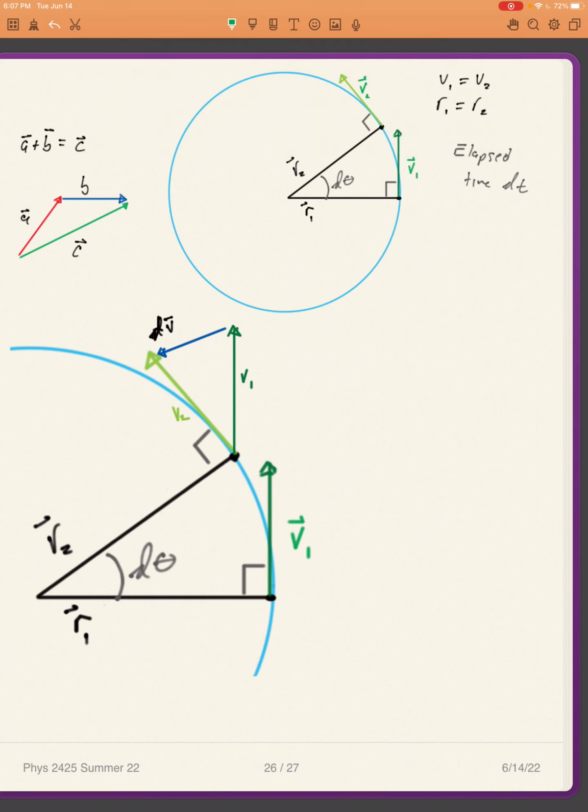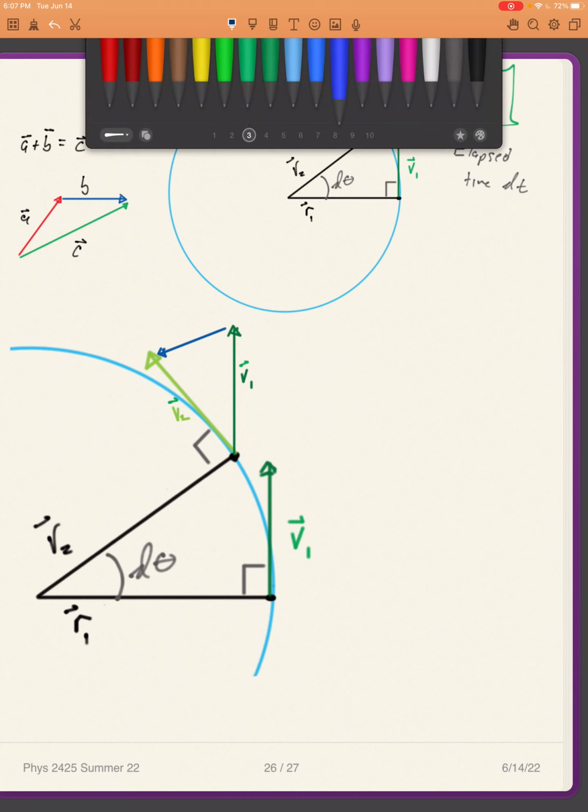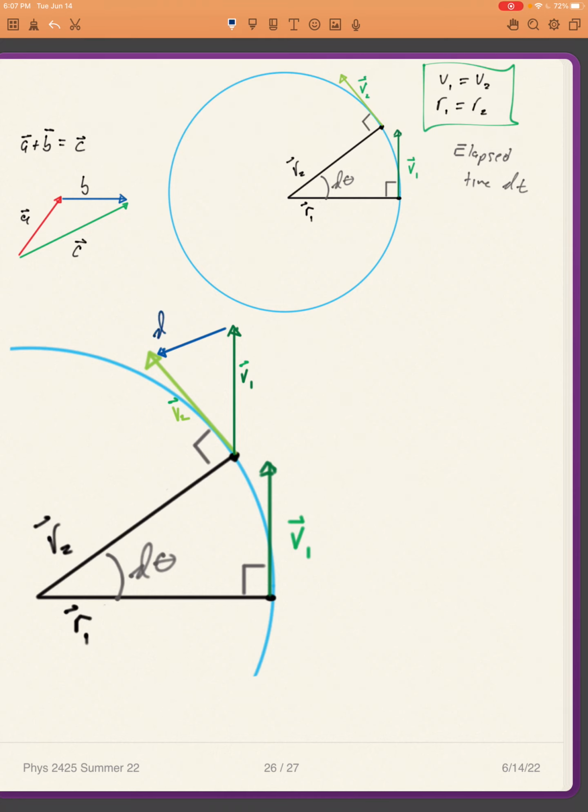And again, the magnitudes of the vectors are the same. The direction is what's changing. So that vector is vector dv. And what do I know about vector dv? That it's a change of velocity. Well, that's going to be an important point.